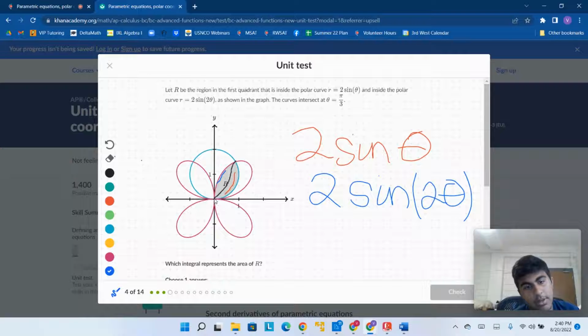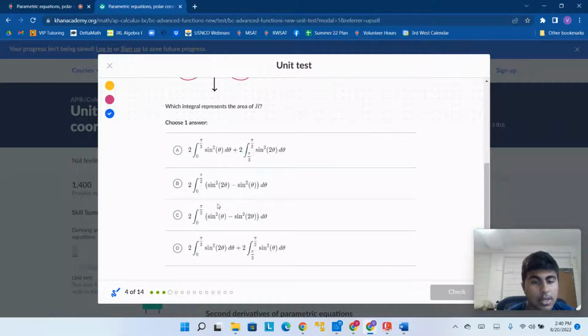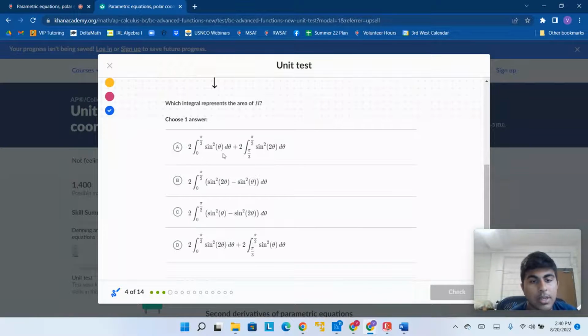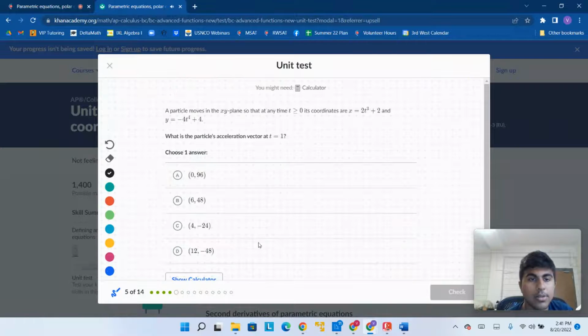So 2 sine theta goes from 0 to pi over 3, and 2 sine 2 theta goes from pi over 3 to pi over 2. You have the 2's, you're squaring both sides, so that becomes 4 and 4. You have to divide by 2 because that's how the polar area formula works, so 2 and 2, and that's our answer. And we can go to the next question.